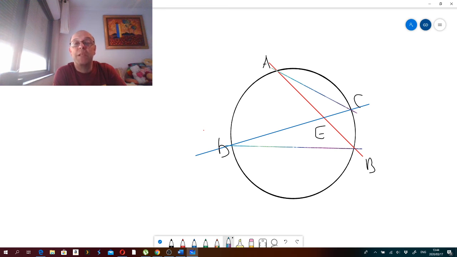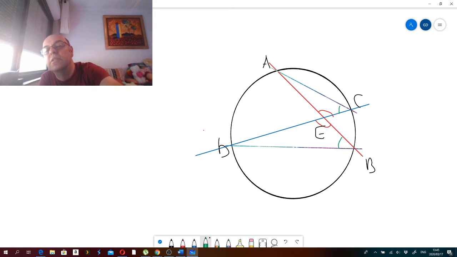But remember, similarity means that all the angles must be equal. So the first one that's easy to do is that I can say that this angle and that angle are equal. Why? They are vertically opposite one another, and we know that vertically opposite angles are equal. But then, if you remember, we have another nice circle theorem that we've learnt.